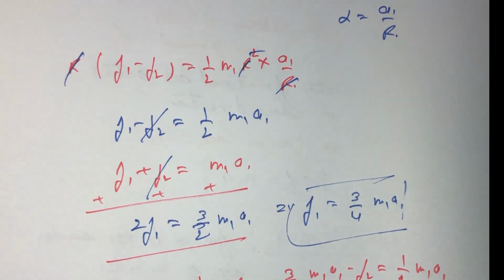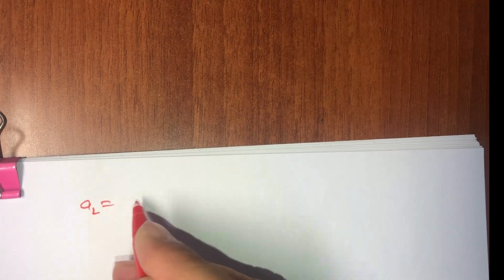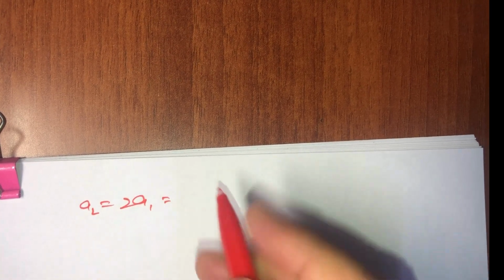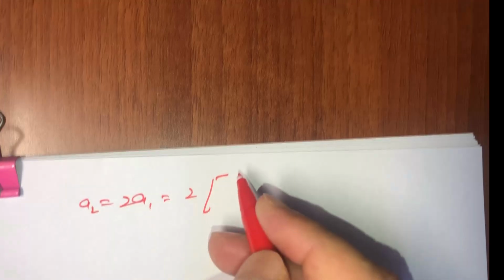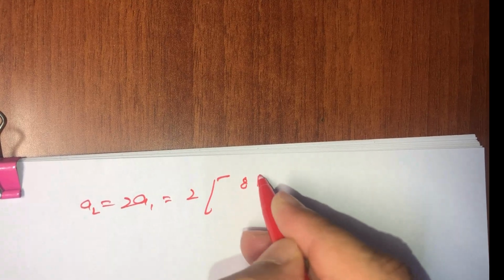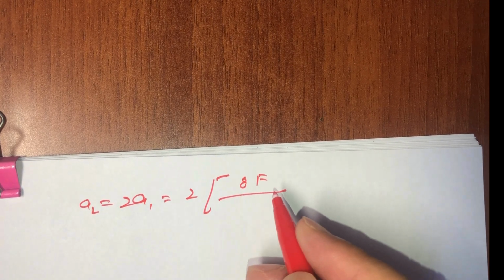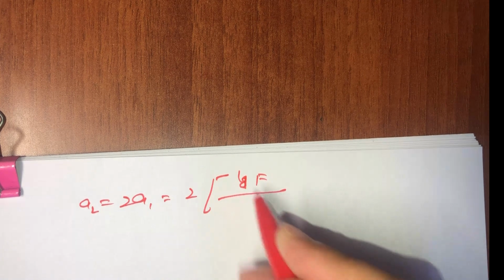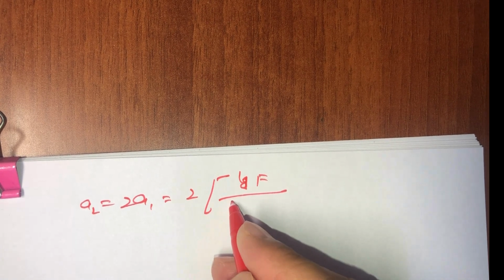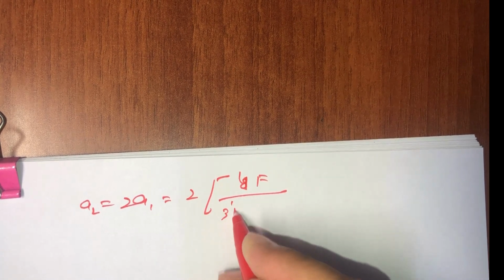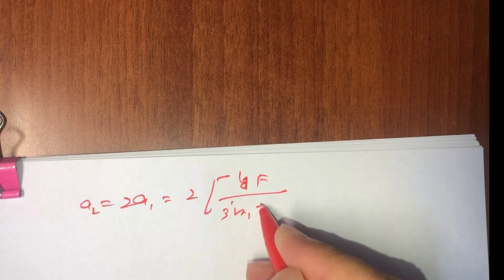Now we can find a2, because we already know the relationship between a1 and a2. We know that a2 is equal to twice of a1, so this becomes twice 4F, sorry, this was 4F, divided by 3m1 plus 8m2.